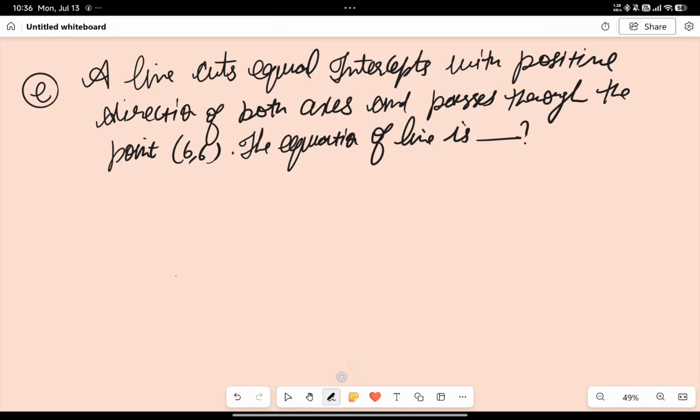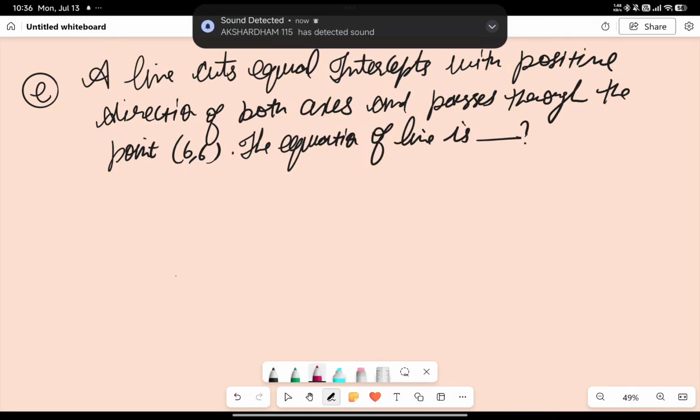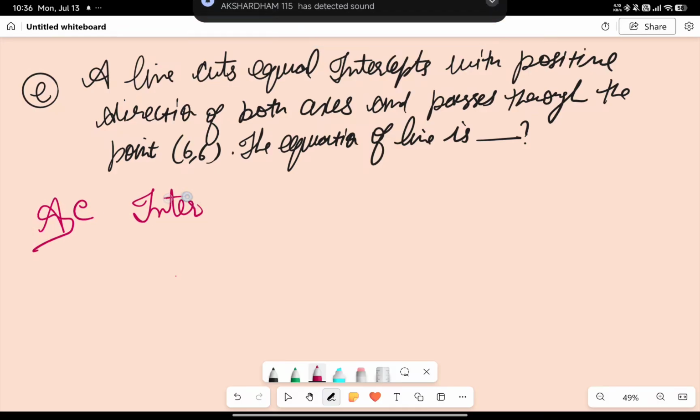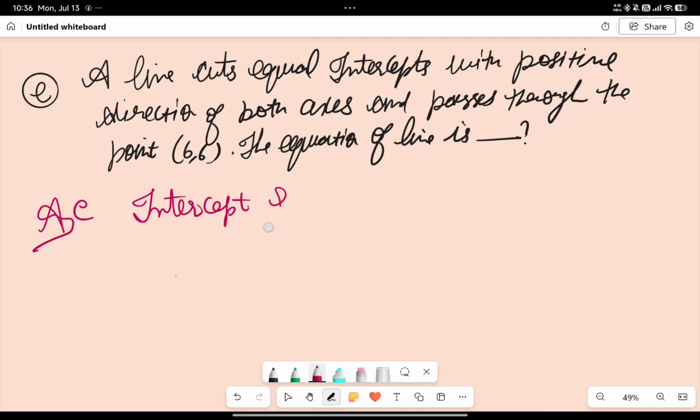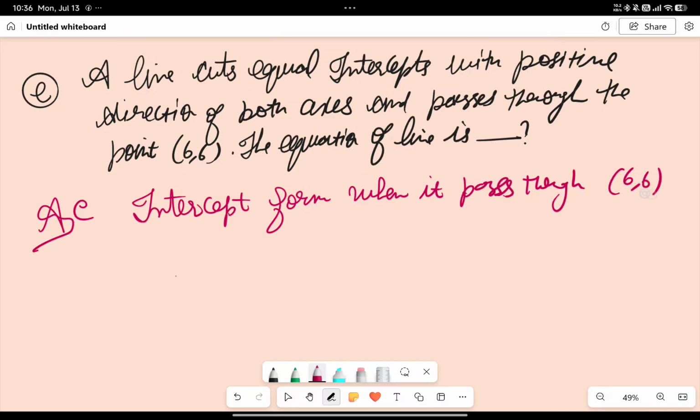Well, so here you can say that the intercept form, when it passes through 6, 6, must be y is equal to mx plus c, with equal intercepts in the positive direction.